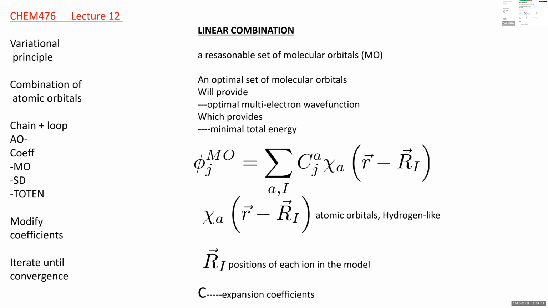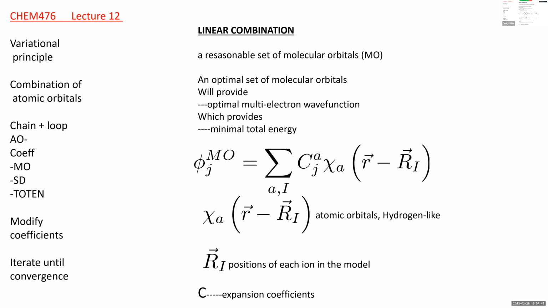So the expansion coefficient C_AJ tells how much molecular orbital number J is contributed by atomic orbital number A. And in this sense, we can replace images of molecular orbitals by a set of numbers, these expansion coefficients.